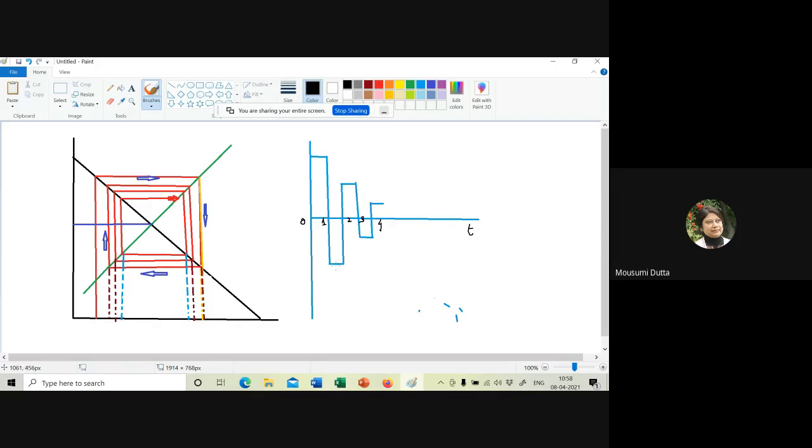Here, this level is basically P. We are plotting Pt around time t. Okay. So Pt can come to up and down the equilibrium. Okay. Up and down the equilibrium. Remember that.